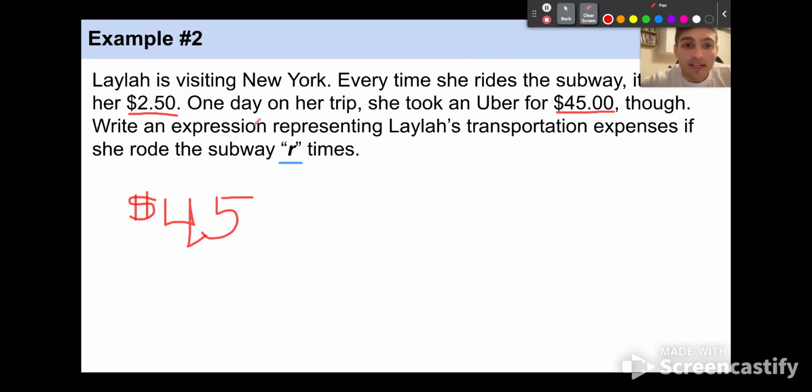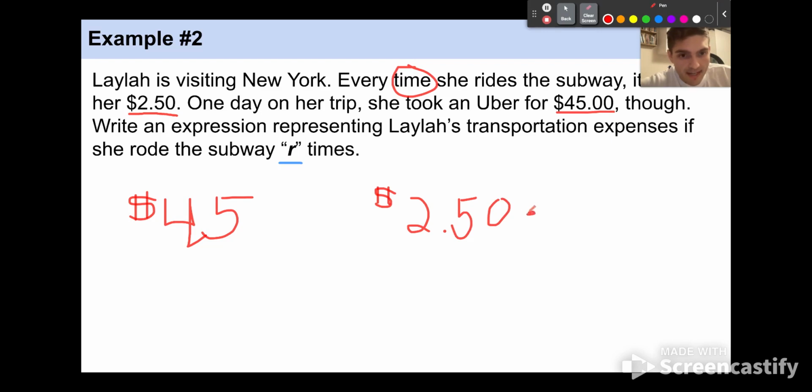And then every time she rides the subway, it costs her $2.50. So let's represent that. Every time she rides, it's going to be $2.50.